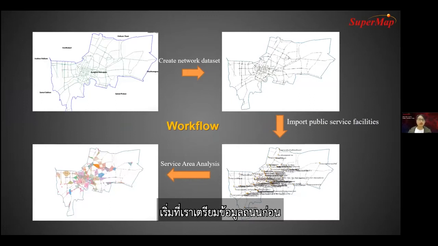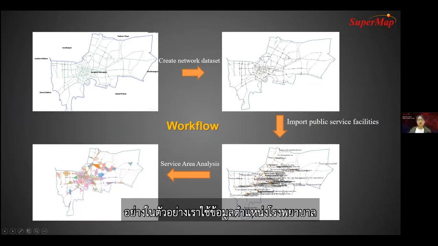Here we first prepare the road data, and then create network datasets from this road data, and then we import the public service facilities, such that in this session we will use the hospitals data.